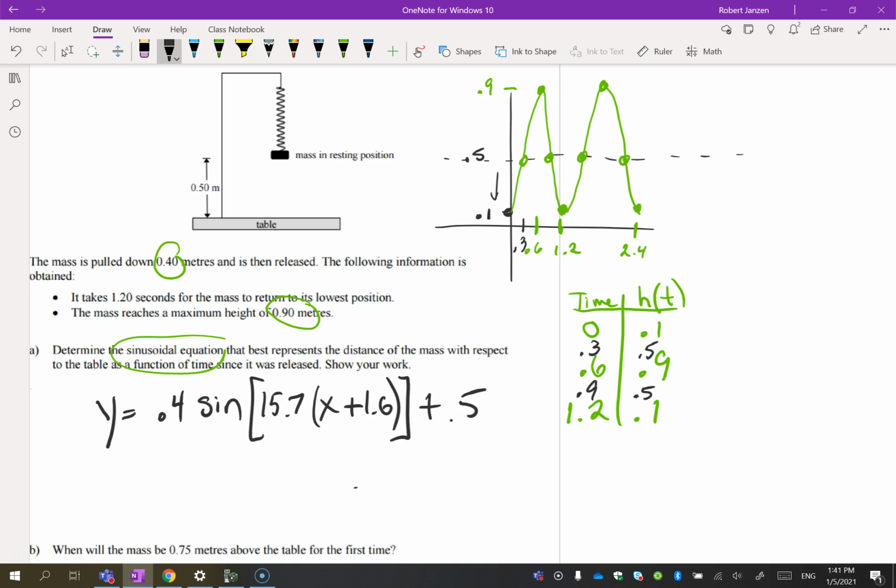Now a couple things match up real nicely. 0.5, that's our midline, that's good. 0.4, the amplitude, that's good. So we're going to say that looks like it's the right equation.